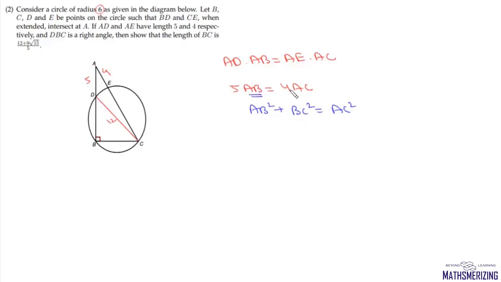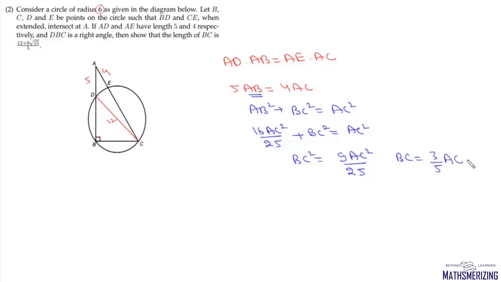Now we can write AB as 4 by 5 AC, so it will be 16 AC square upon 25 plus BC square, and it is equal to AC square. So from here we'll write BC square is 9 AC square upon 25, that is BC is 3 by 5 times AC, and AC is 5 by 4 times AB, so it will be 3 by 4 times AB.